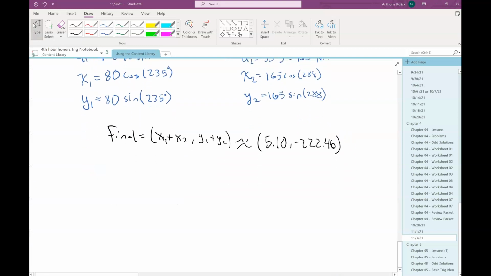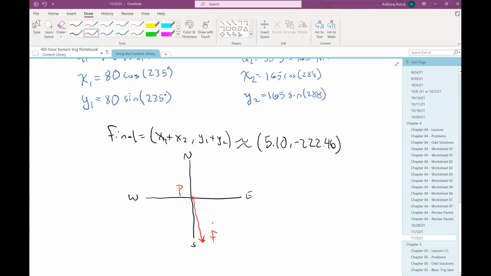So that's my final position. Like if this is the port, 510 over and 222 down, something like that, right? Everybody's cool with that idea?